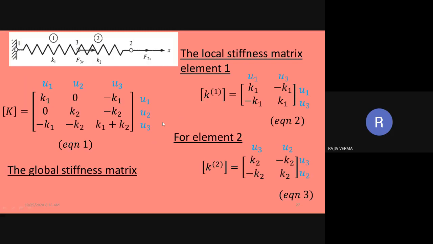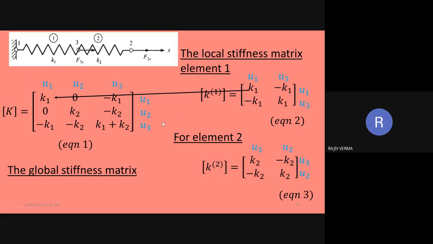So with the help of the degrees of freedom labeled in the local stiffness matrix and the global stiffness matrix, we simply are going to substitute the local stiffness matrix into its corresponding places in the global matrix, such as the term K1 in the column and row represented by U1 has been kept in the column and row represented by U1 in the global stiffness matrix.